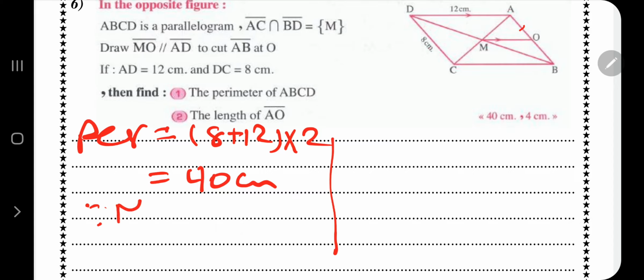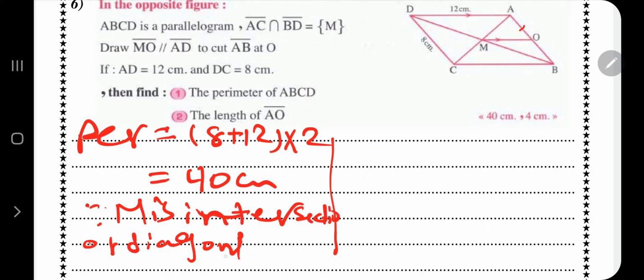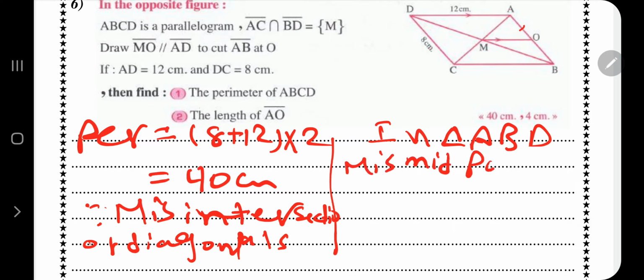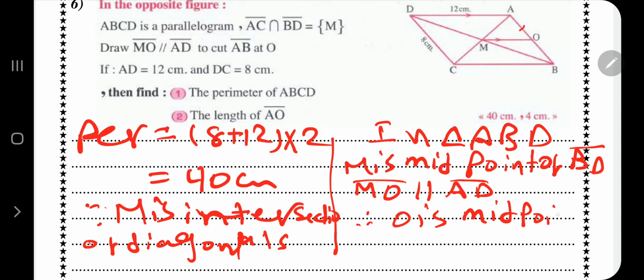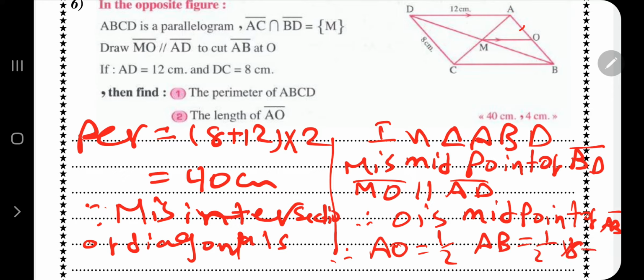As you saw, since M is the intersection point of the diagonals, in triangle ABD, M is the midpoint of BD and MO is parallel to AD, that means O is the midpoint of AB, that means AO equals half AB, half times 8 equals 4 centimeters.